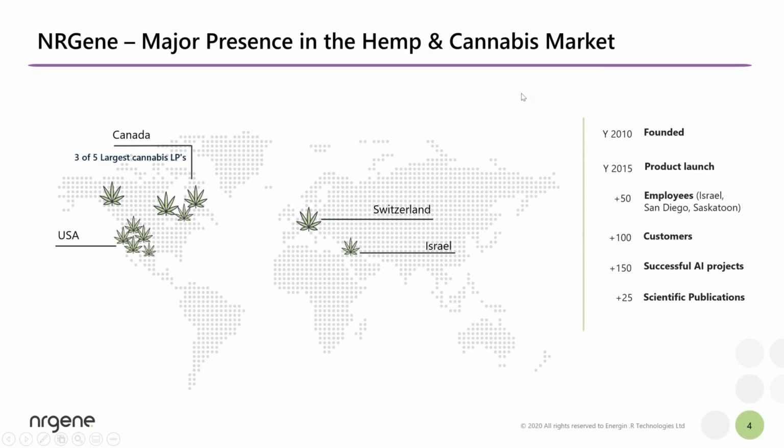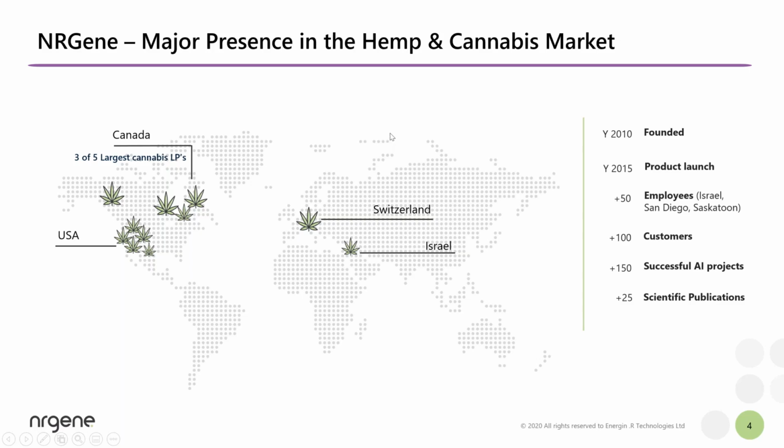So a quick word of introduction about NRGene for those of you who are not familiar with us. NRGene is not a cannabis company. We're a genomics company working for seed producers mostly, but also end products. We are located in Israel, the R&D unit, and most of the people are in Israel, and we have units in North America, the US and Canada.